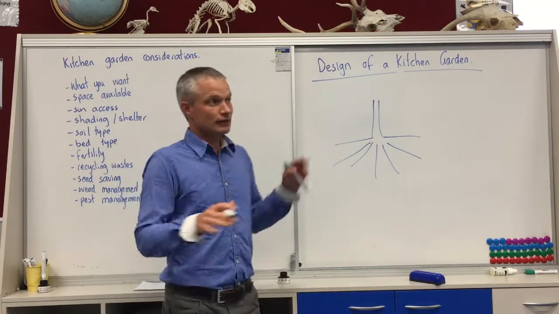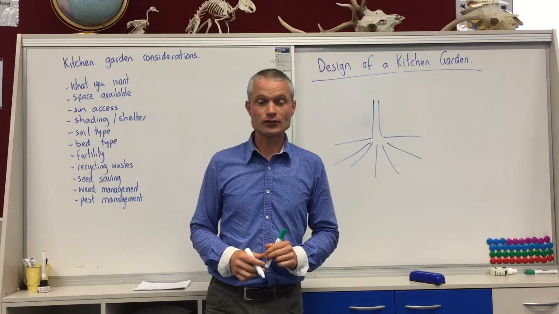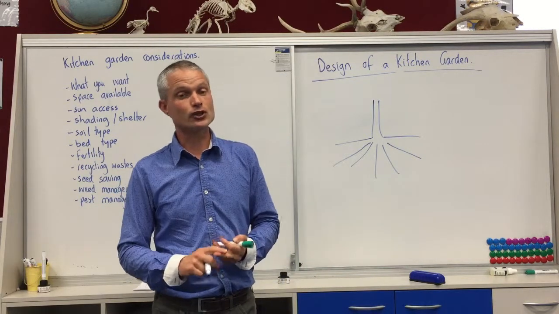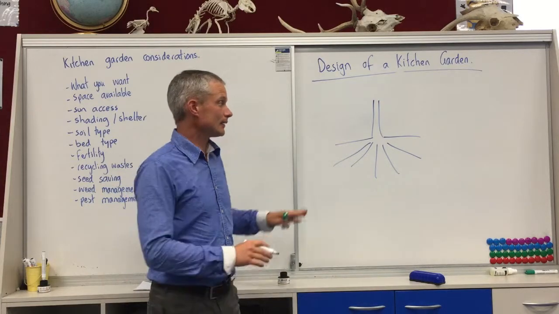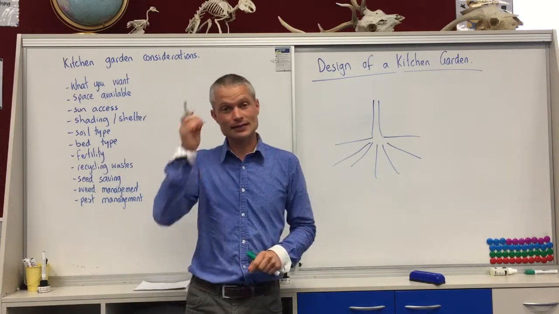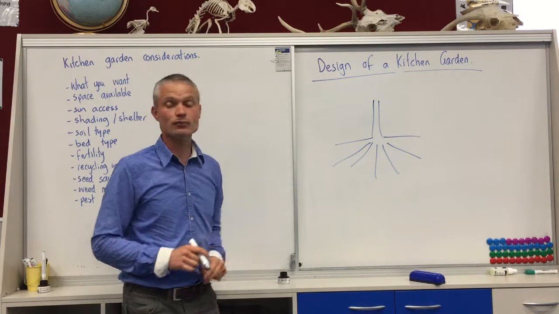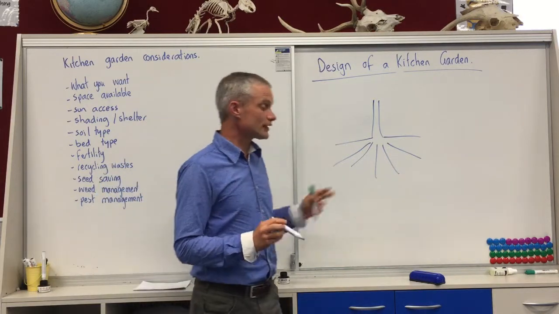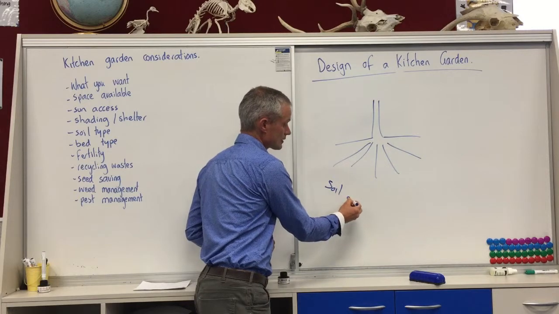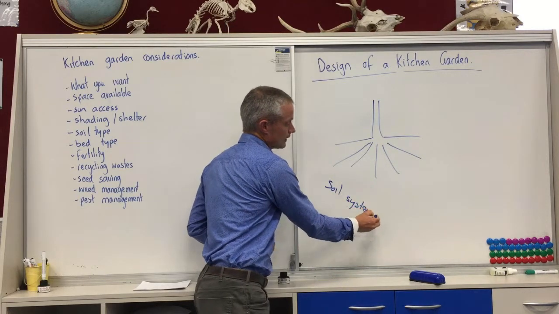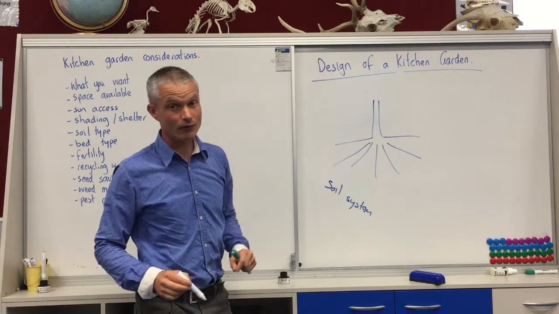And with whatever type of design we are trying to do, whether it's a kitchen garden or an orchard or a broadacre design, we want to align our management practices in a way that is going to improve our base resource. So the thing that is going to improve the soil system is going to be the health of the plant.